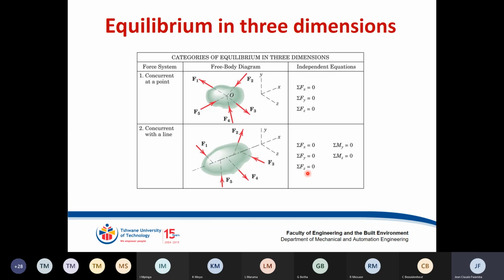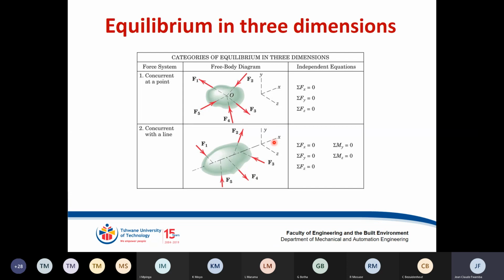So now in terms of moment, the moment can only be taken about Y and Z axis. The reason being that the line where all the 5 forces are concurrent is parallel to the X axis, right? It's parallel to the X axis.